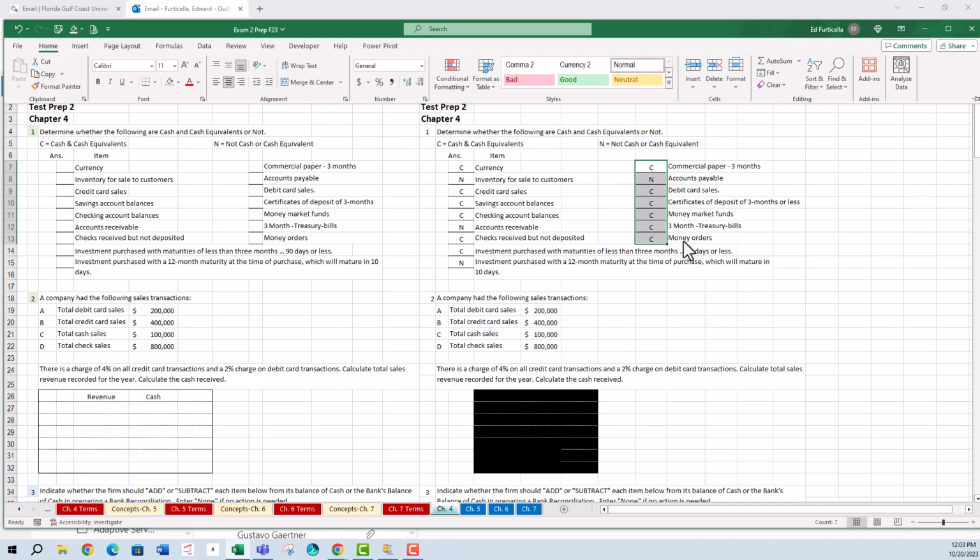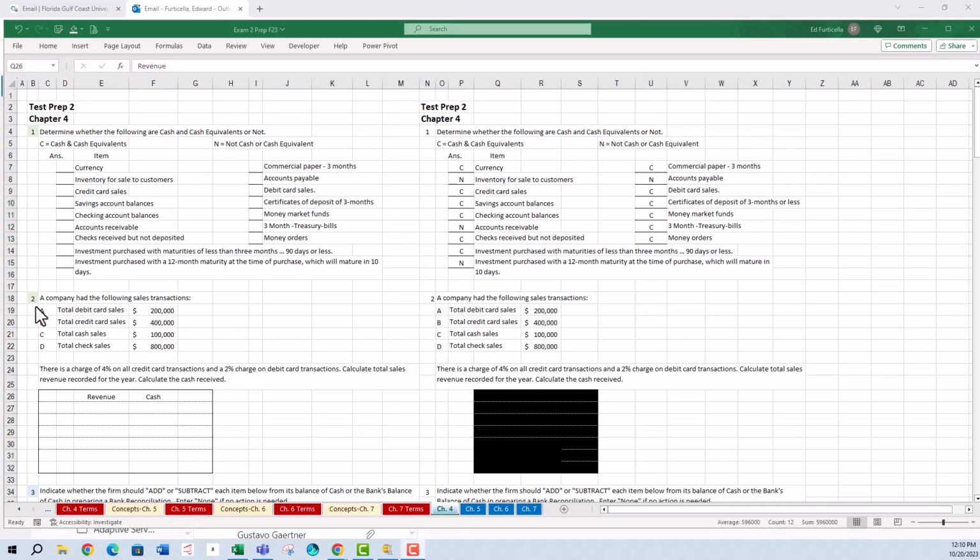Those are all cash or cash equivalents. When we're talking about things like inventory, accounts receivable, investments that at the time of purchase had a maturity beyond 3 months, and things like accounts payable, those are not cash or cash equivalents.